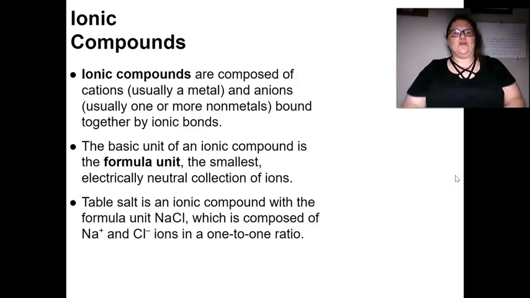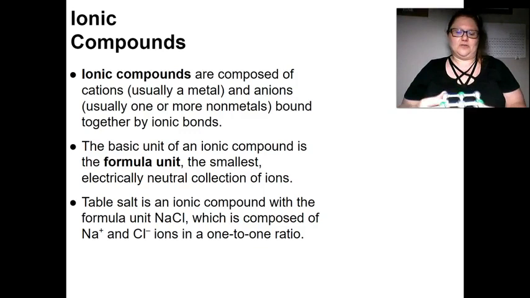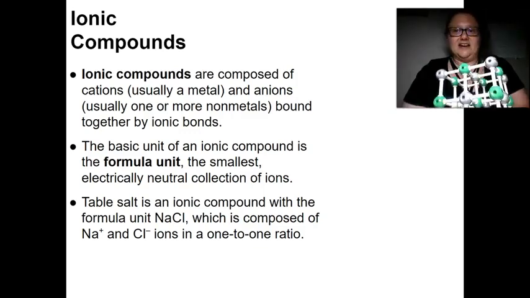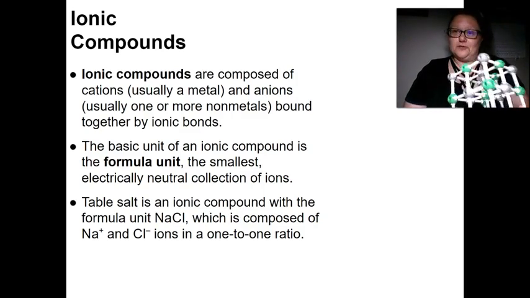Okay, so ionic compounds, to go back to this, we have, again, a metal and a nonmetal bonded together, where metals, when they give up their electron and become positive, the general term for a positive ion is a cation. The general term for a negative ion, which are our nonmetals, is an anion. The basic unit is not a molecule.